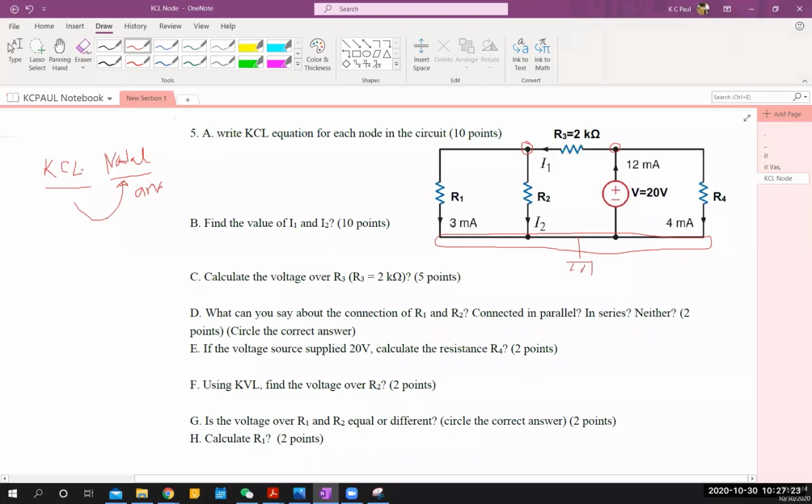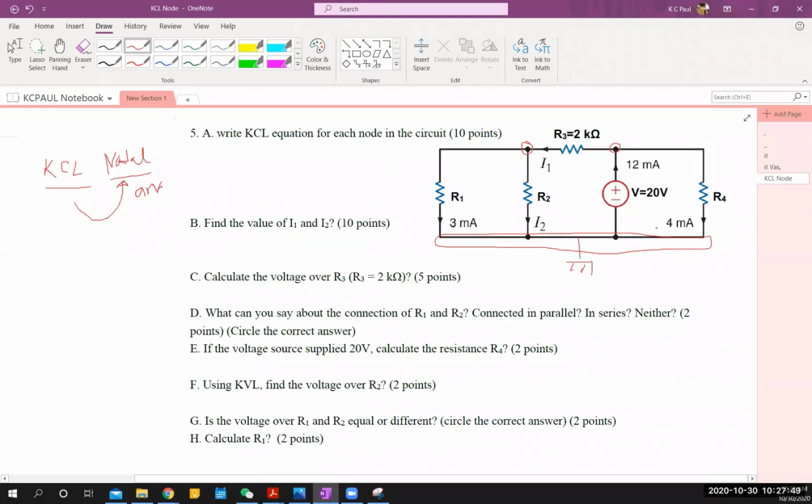You write the expression in terms of voltage, but you are considering currents. So if you have written nodal analysis here, that's wrong. You have to write simple KCL equations because the currents are already given here: I1 flowing through R3, I2, 3 milliamps and 4 milliamps.